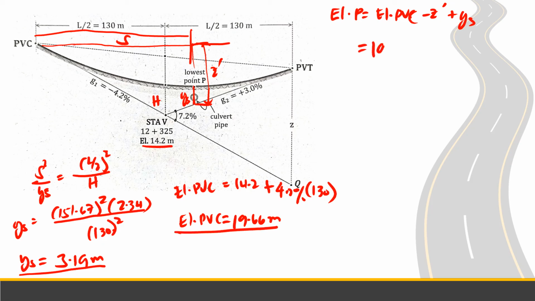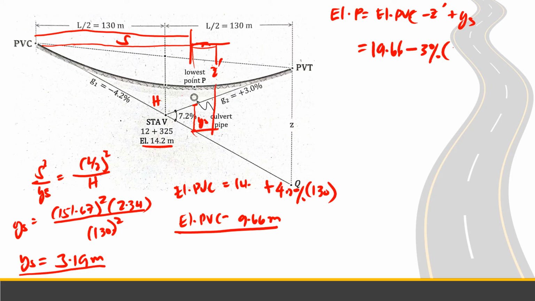Okay, we had the wrong orientation. YS is located below the curve. So this is YS and this is our Z prime.